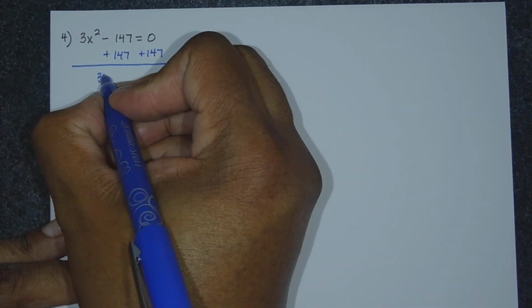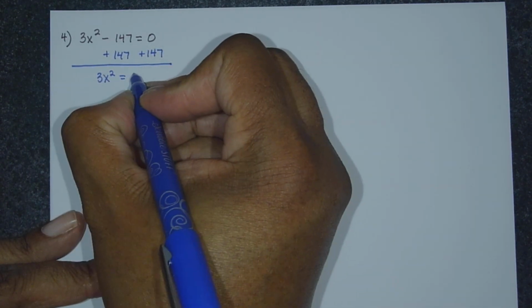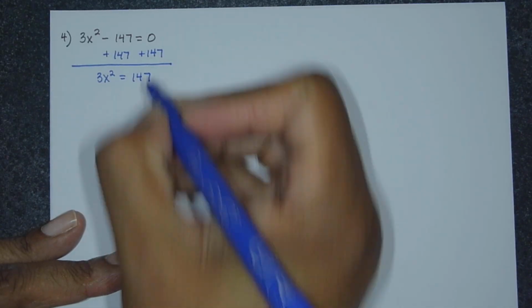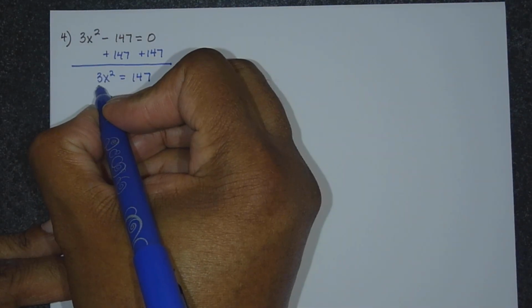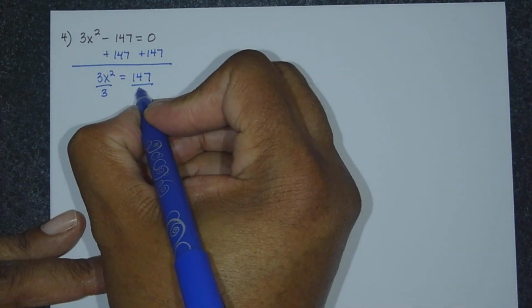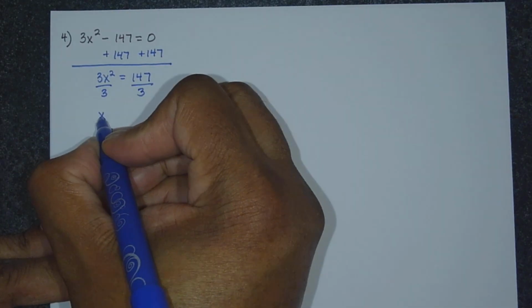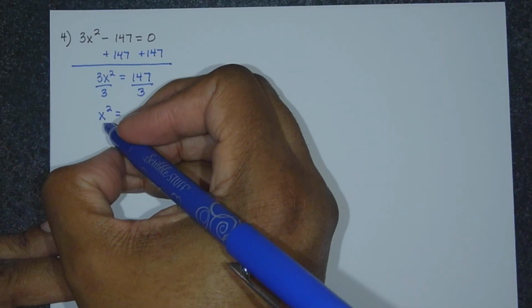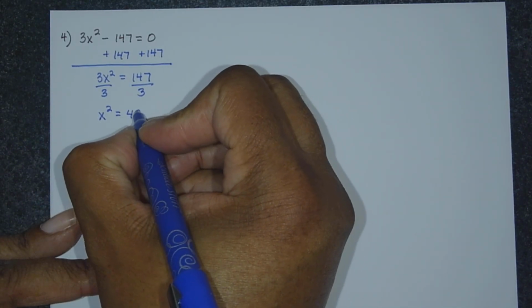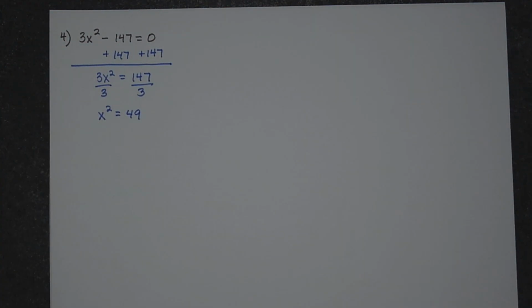So that means I have 3x squared, and that's equal to 147. And to get x squared by itself, I need to divide by 3. So that means x squared is equal to, what's 147 divided by 3? 49. So I have x squared is equal to 49.